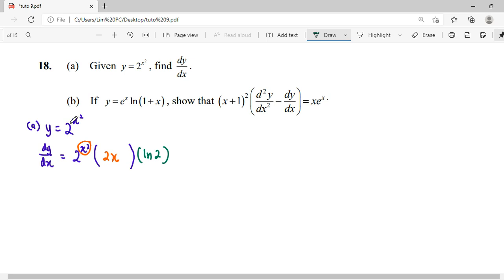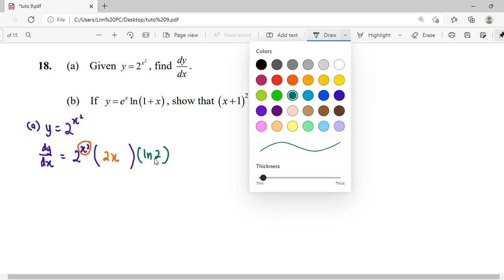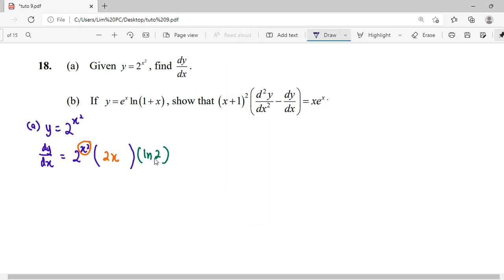Copy the question, differentiate the power, and multiply by ln of the base, so ln 2 here. This is our full differentiation. If I want to rearrange, I can write the constant ln 2 first. 2x is our linear part, times the exponential function. There is nothing we can multiply, because ln 2 is actually a decimal.